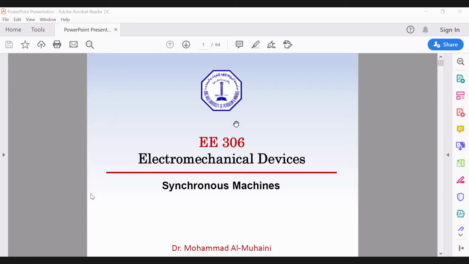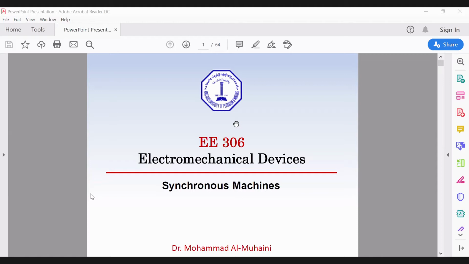And in the generator case, we have the input as mechanical. So the mechanical input will be provided also by an external source. So mechanical input, magnetic field, the result is, and we explained this last week, voltage induced, EA. But the voltage induced across the armature windings or armature terminals is what?